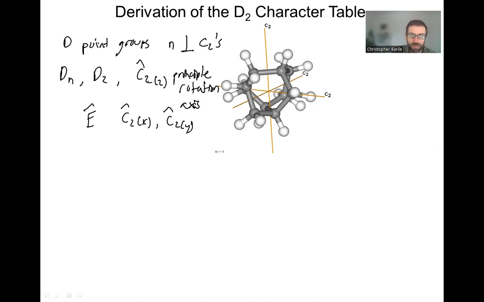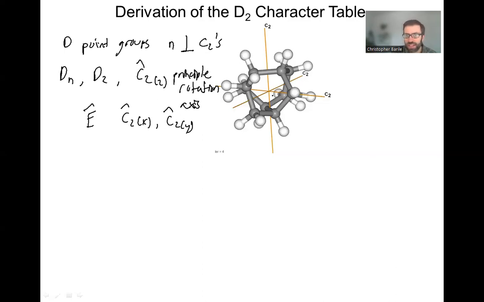It's a little bit more tricky, but thinking about these C2s, in the Dn or the Cn point groups, your rotations are always going to be in separate classes when they're on different axes.